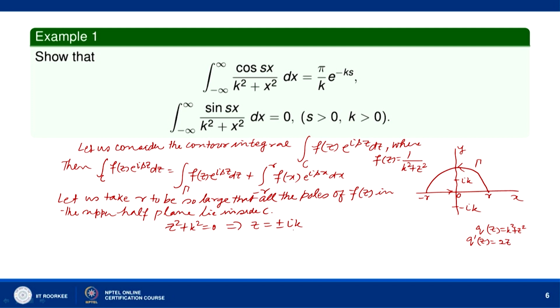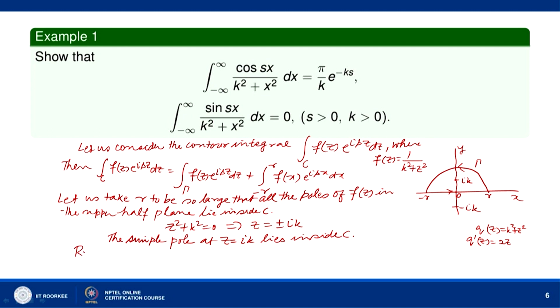So q dash z is not 0 at z equal to ik, and therefore fz has a simple pole at z equal to ik. So the simple pole at z equal to ik lies inside C.